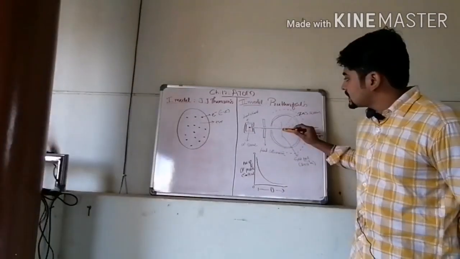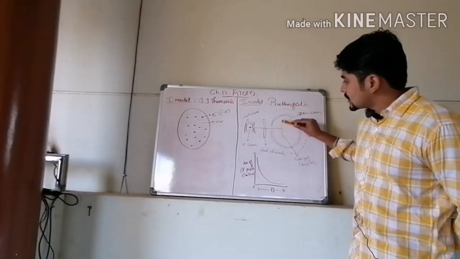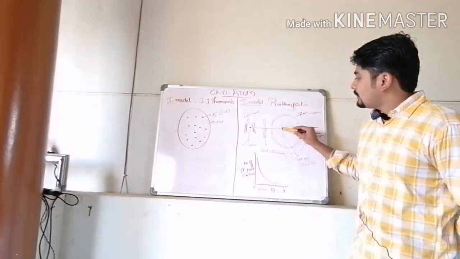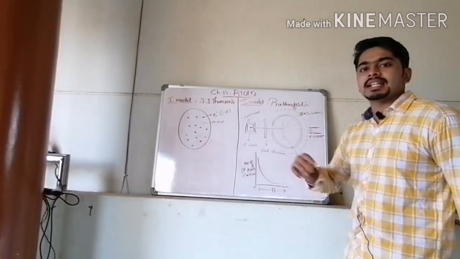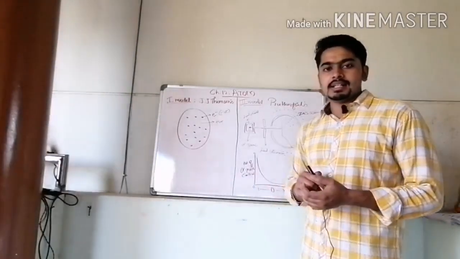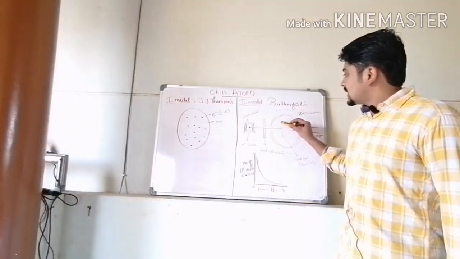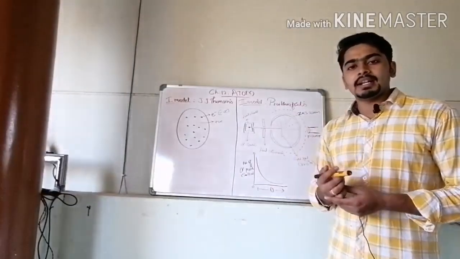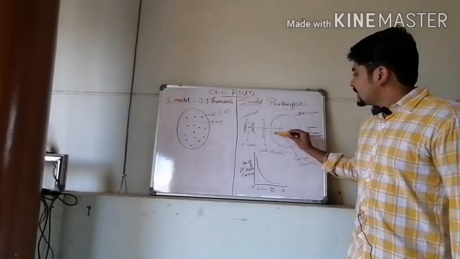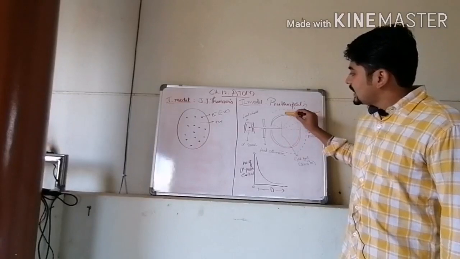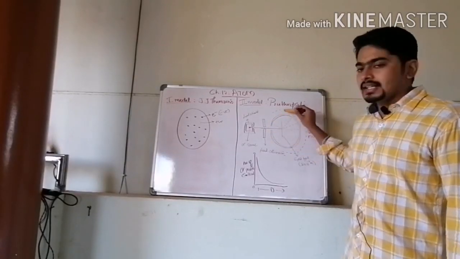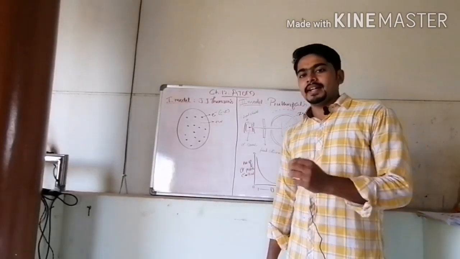Then, after the interaction with the gold foil, the alpha particles start scattering in different directions. To study the variation of scattering of the alpha particles, what did he use? He used a ZnS screen around the gold foil. This is a ZnS screen, a zinc sulfide screen.